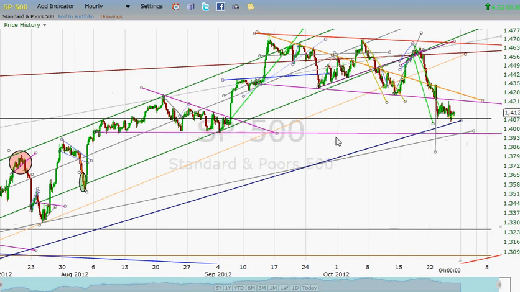So right now I've got this as a tentative neckline for this pattern. That may not be right. It's the best I can do right now because it lines up with all of these areas of support that we saw in August.